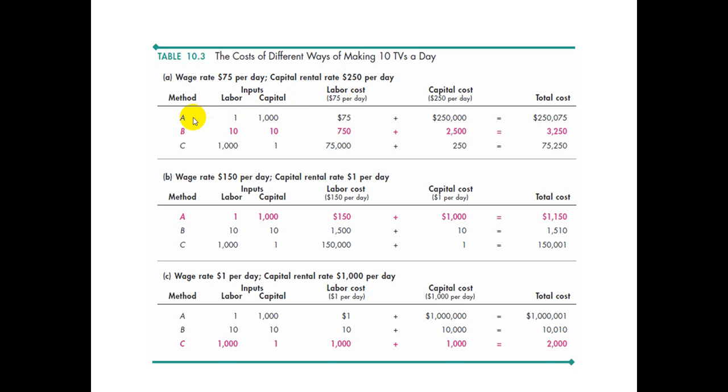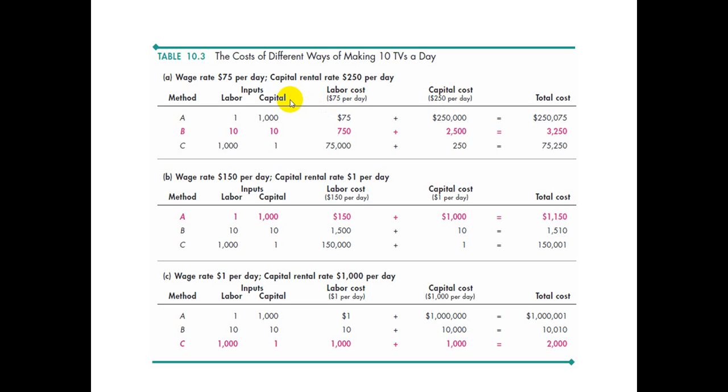So we have now three methods: A, B, C. Method A: labor 1. So here we will use one labor input. Capital 1000. Labor cost 75 per day. So one labor will get 75 per day plus capital cost of 250 per day.